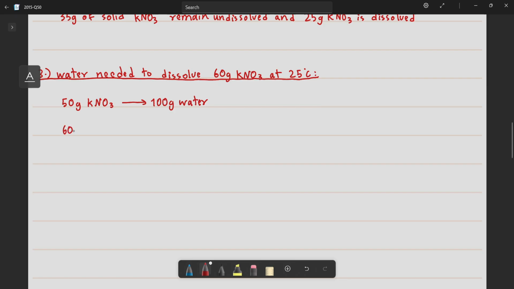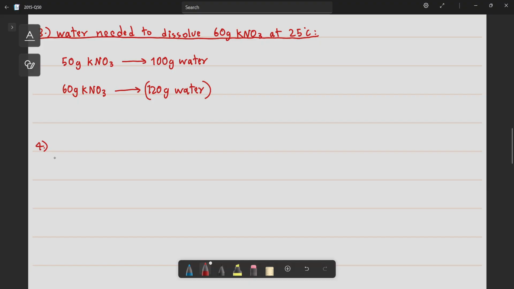So now, how much water is needed to dissolve the entire 60 gram of potassium nitrate solute? So cross multiply, you get 120 gram of water. Okay, so this is 120 gram of water that is needed to dissolve this entire amount of 60 gram of potassium nitrate.